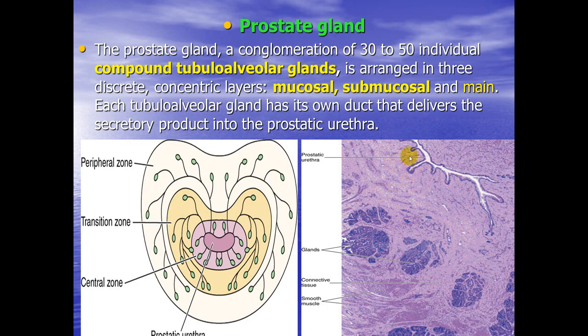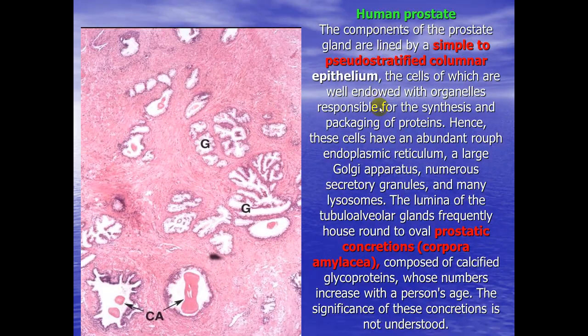You see in the tunica mucosa, small groups of cells of glands, in the tunica submucosa, and the main group of glands. You see, between these groups of glands are present smooth muscle cells. Why are these smooth muscle cells necessary?